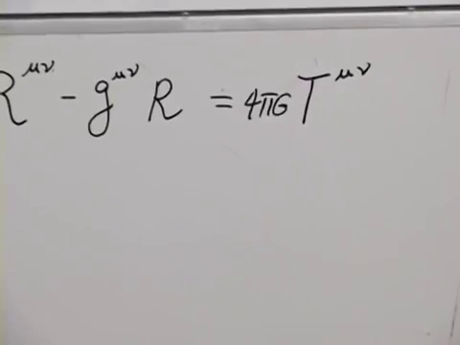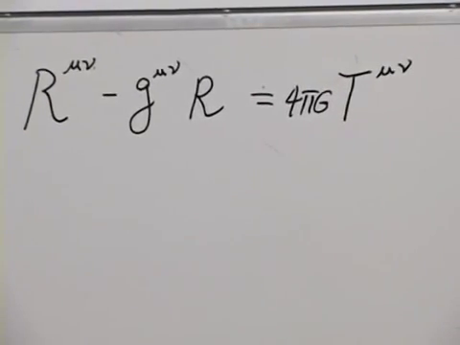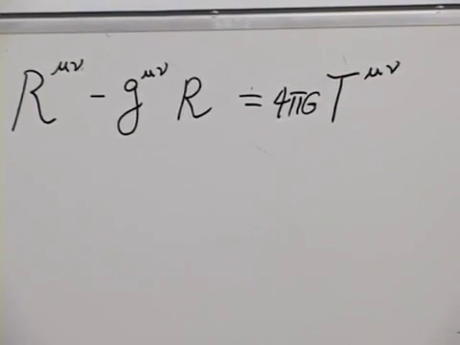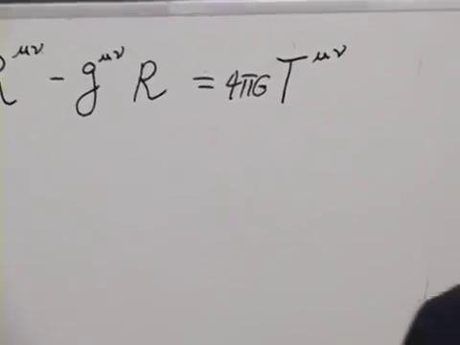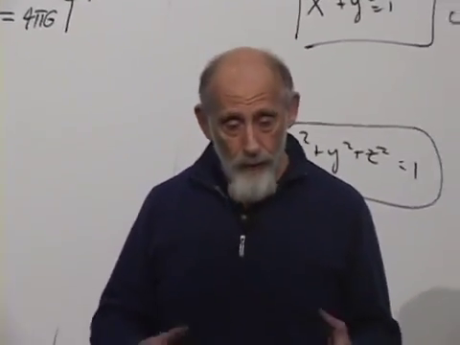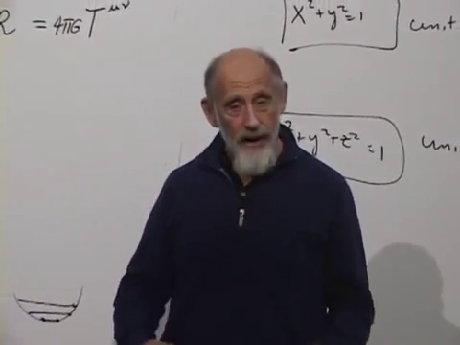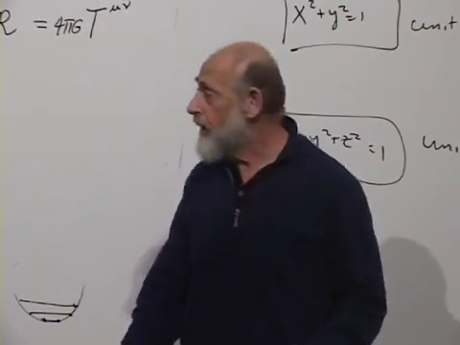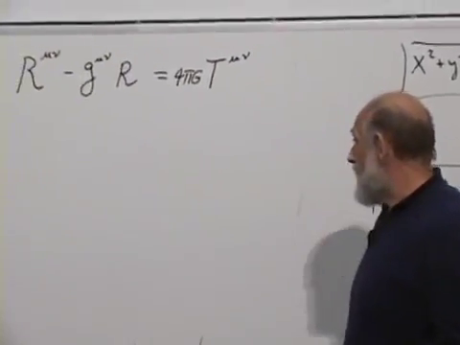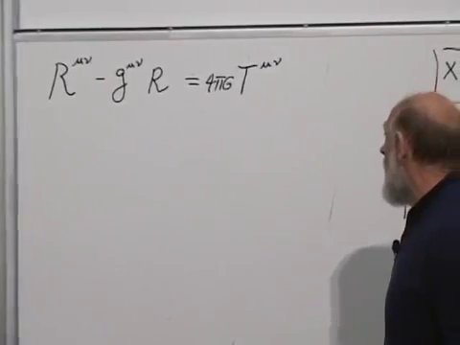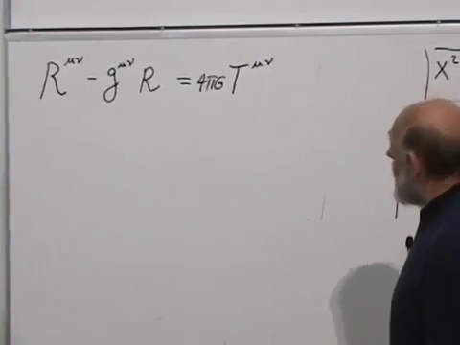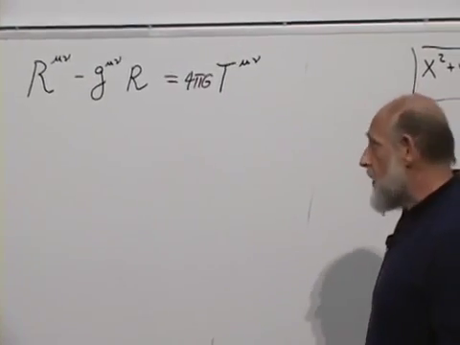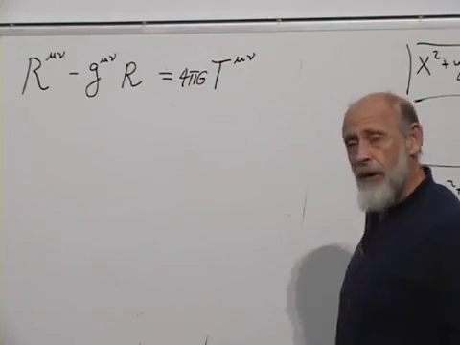Mu and nu go over 4 possibilities, x, y, z, and t, so this is 4-dimensional space-time geometry. There is an equation like this for each mu and nu. Those are the Einstein equations. How many are there altogether?